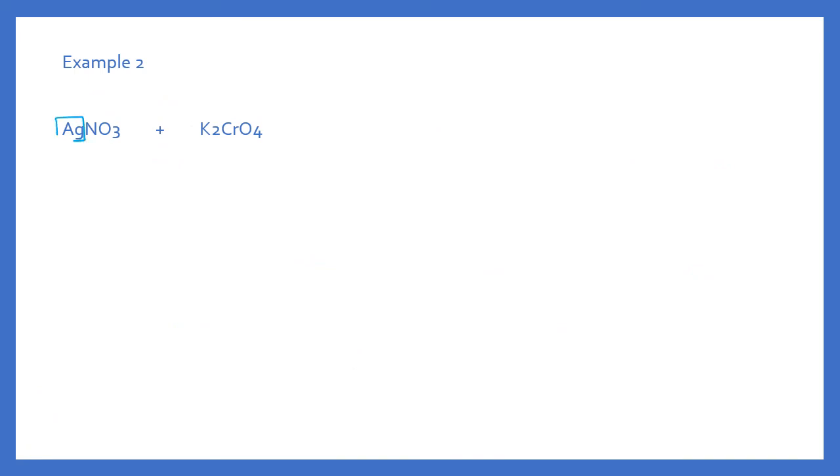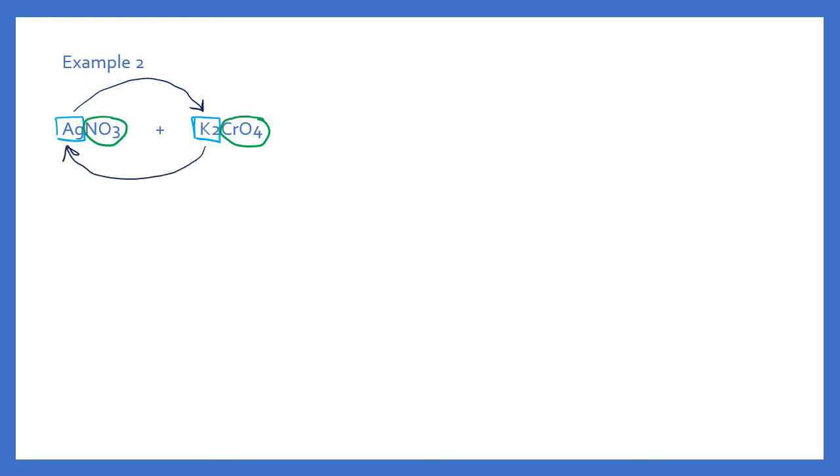So we've got my Ag, silver is a metal, NO3 is the nonmetal, potassium K is the metal, CrO4 is the nonmetal. So now we're going to swap places. The Ag is going to go hang out where the K is.